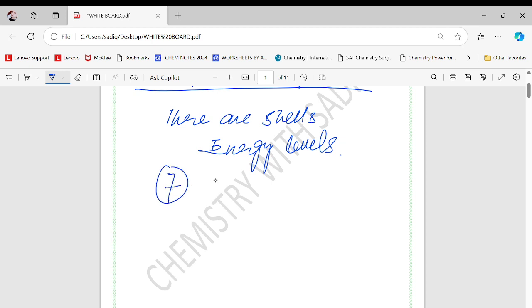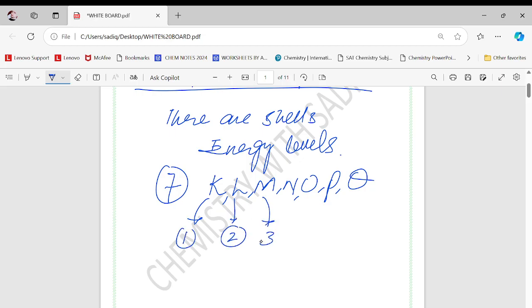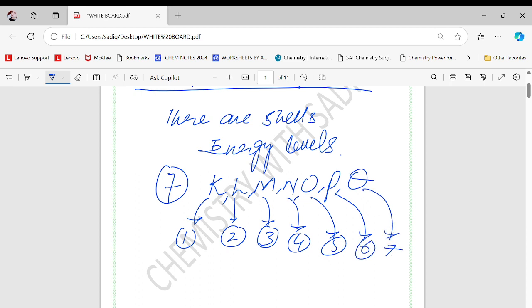It starts with K, L, M, N, O, P, and Q. So this is shell number 1, this one is number 2, number 3, number 4, 5, 6, and 7.